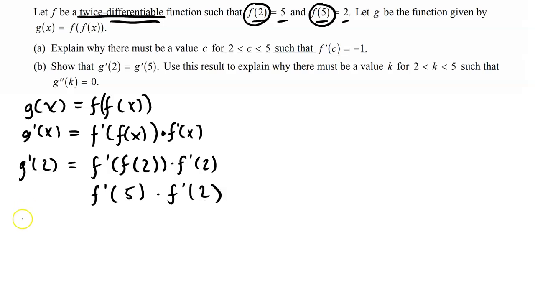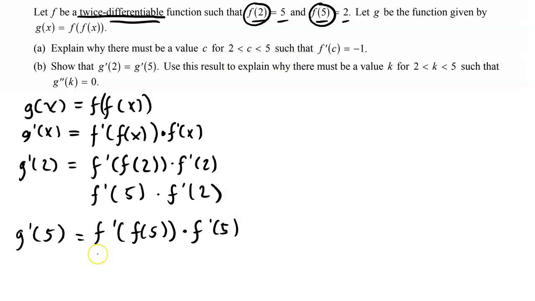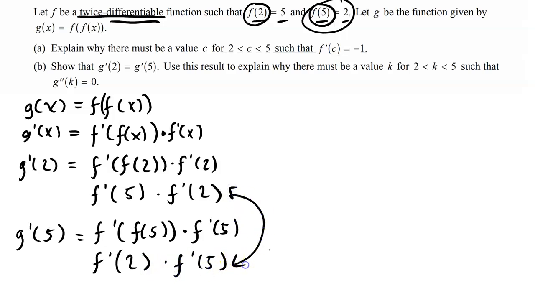So let's try g prime of 5 and plug that in. It's f prime of f of 5, and f of 5 is 2, so f prime of 2 times f prime of 5. These two are in fact equal. So we showed, using the chain rule, that g prime of 2 is equal to g prime of 5.